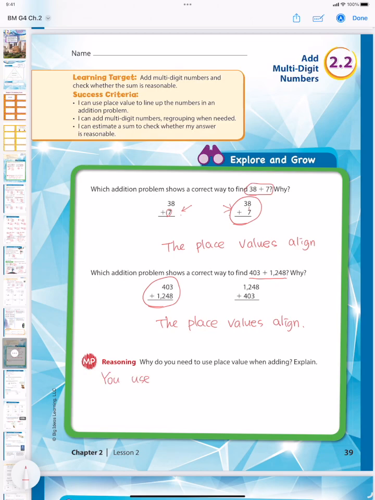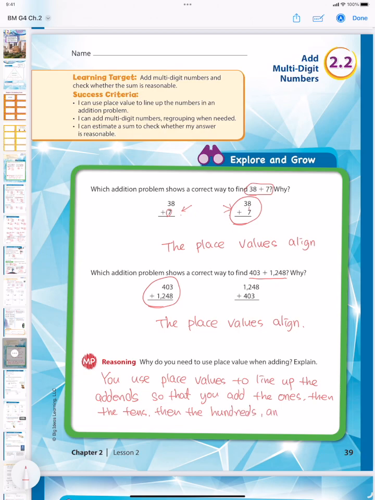You use place values to line up the addends so that you add the ones, then the tens, then the hundreds, and so on.